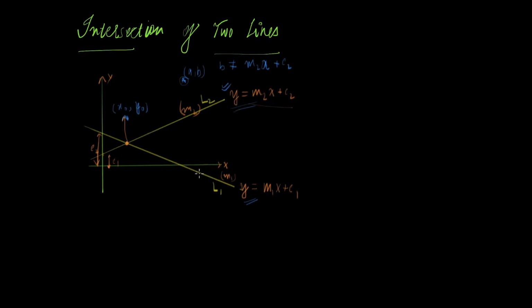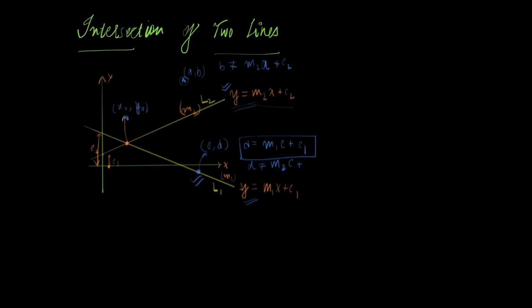And if we choose this point here, which lies on the line L1, say with coordinates c comma d, then we know that d will be equal to m1 times c plus c sub 1. This is how c and d are related because it lies on L1. But remember, d will not be equal to m2 c plus c2 because it does not lie on the line L2. So with those things in mind, there is a special point that satisfies both the equations.